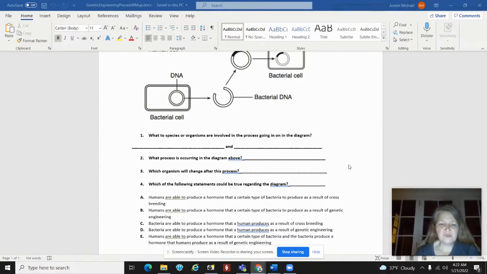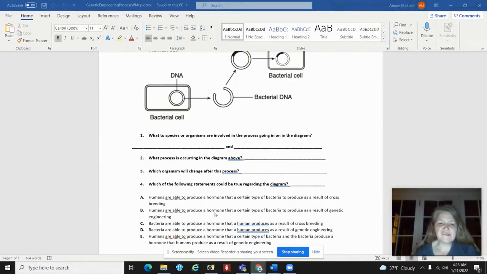the diagram? A states humans are able to produce a hormone that a certain type of bacteria produce as a result of crossbreeding. Well, that doesn't have anything to do with crossbreeding. We're not crossbreeding. This is genetic engineering and producing a GMO.